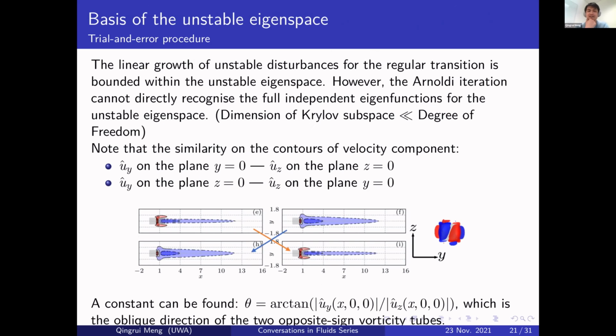So we have already obtained the most unstable eigenfunction for the regular transition.